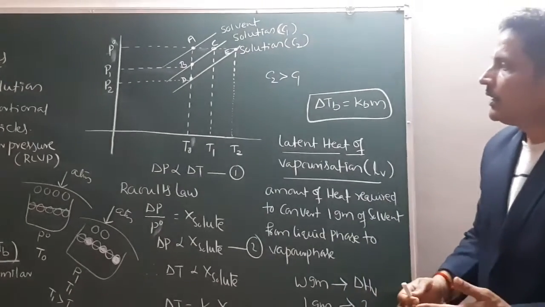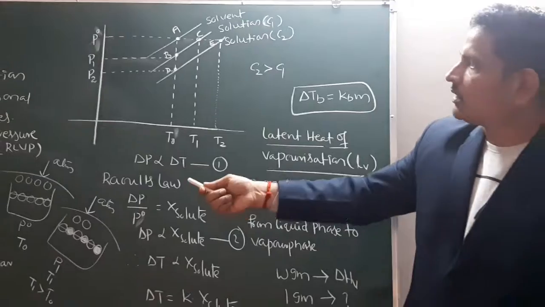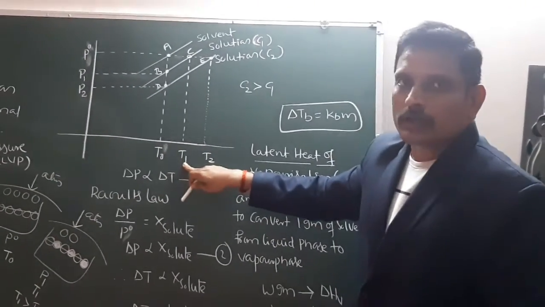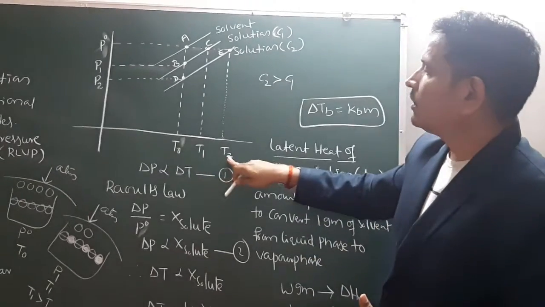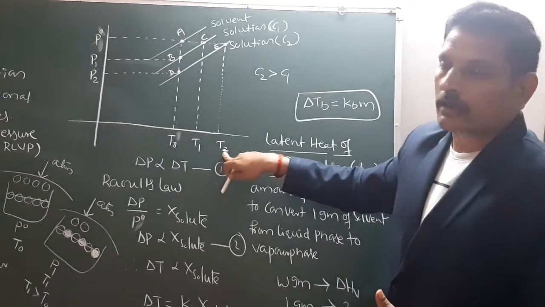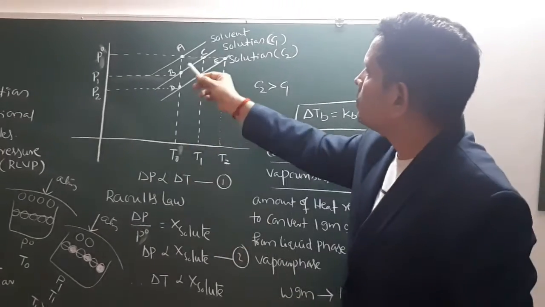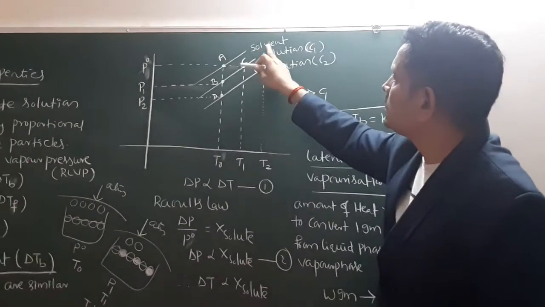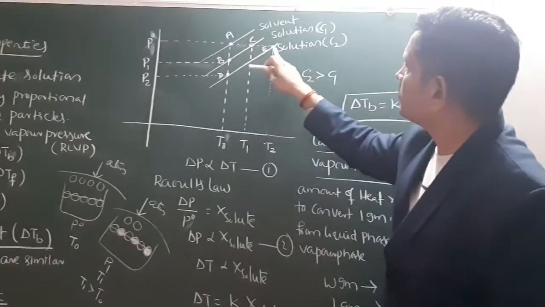So T0 is less than T1, which is less than T2. According to our discussion, the boiling point of solvent is lowest, the solution is higher, and the solution containing excess solute is further higher. So this is the graphical representation. These are the points at which the vapor pressure of these liquids becomes equal to atmospheric pressure.